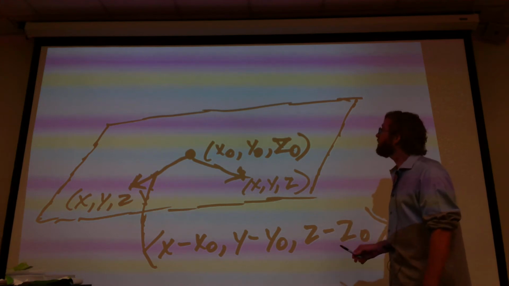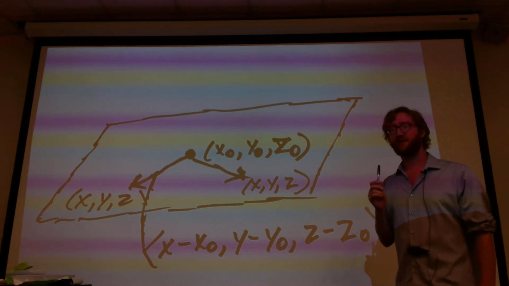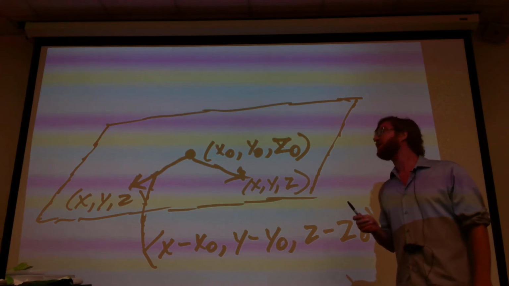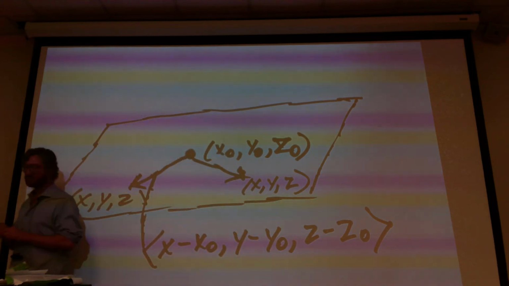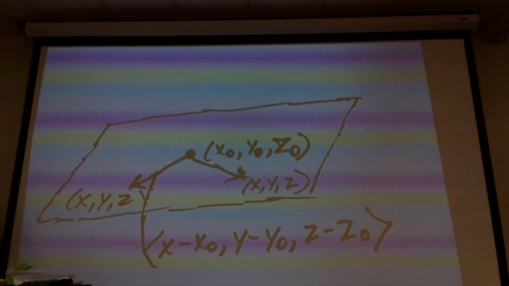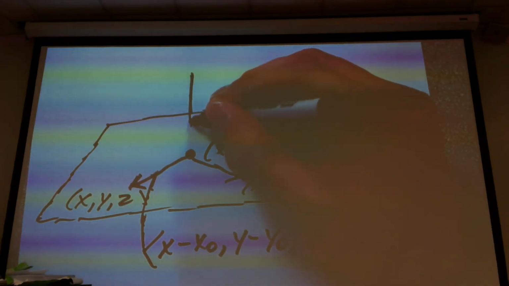Well, what can we say about every vector that actually exists within this plane? It's going to be perpendicular to a vector that is sticking out of this plane. We call this the normal vector.